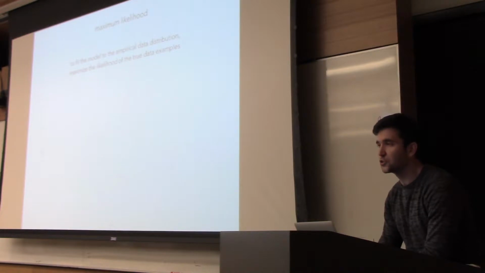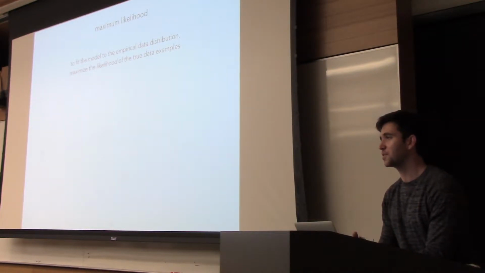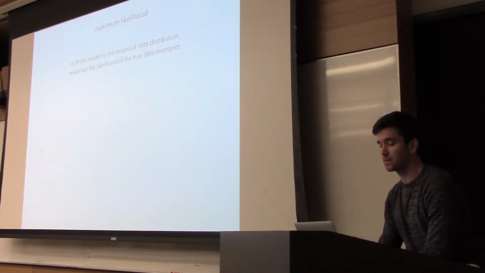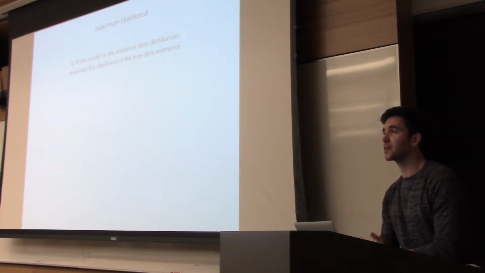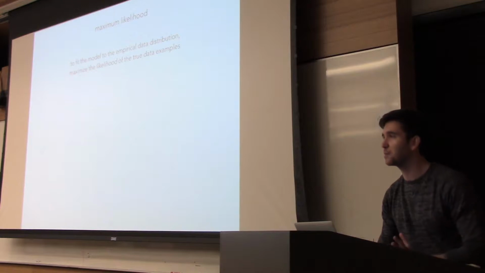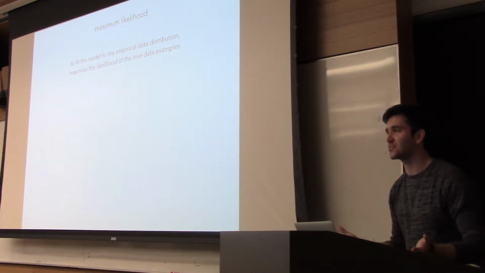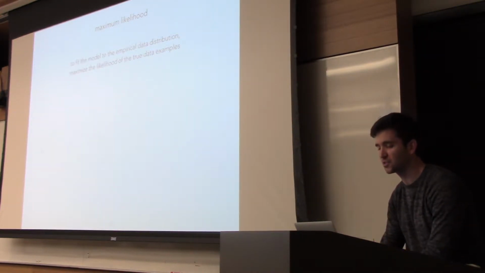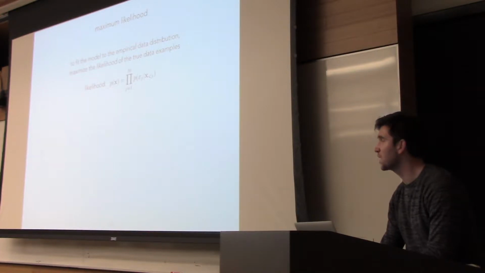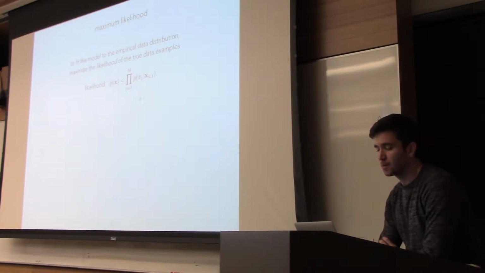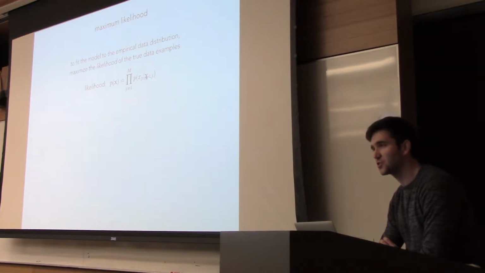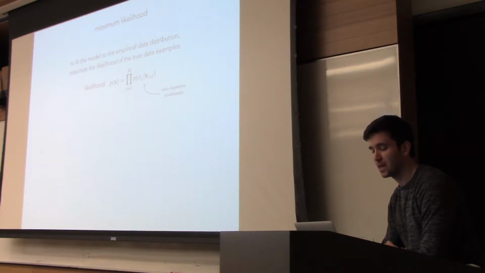Yeah. So what we're going to try to do is actually fit this conditional probability model to the true data distribution. And we're going to do that through maximum likelihood. You've probably heard about maximum likelihood estimation. It's kind of what everyone uses in machine learning, but let's just quickly review it. So we have this probability distribution here, px, and that's just, again, this product of conditional probability distributions. These are autoregressive conditionals.